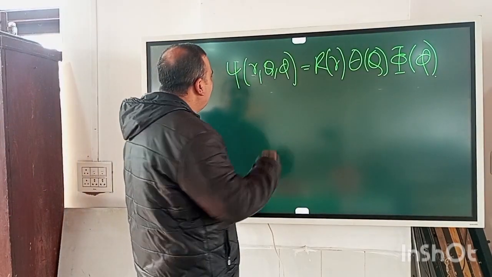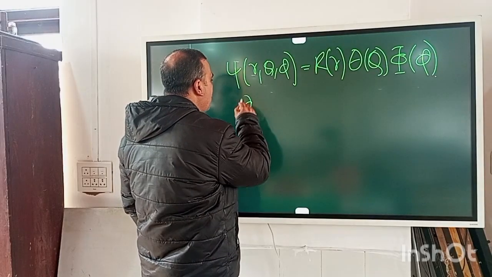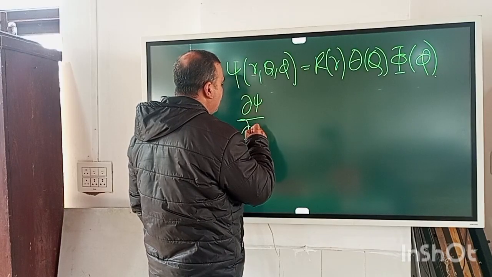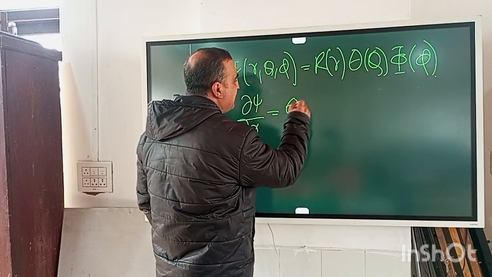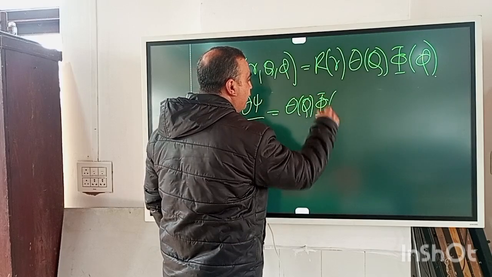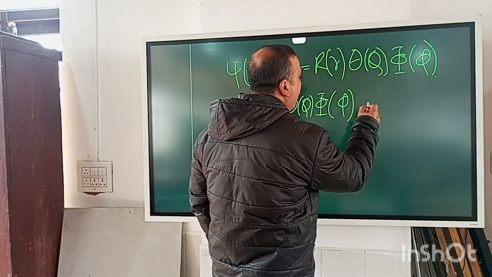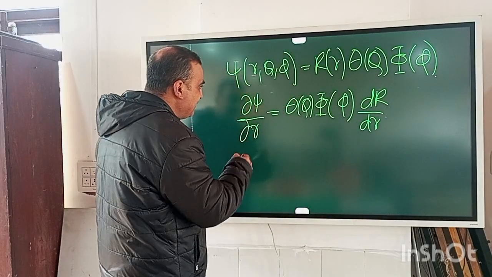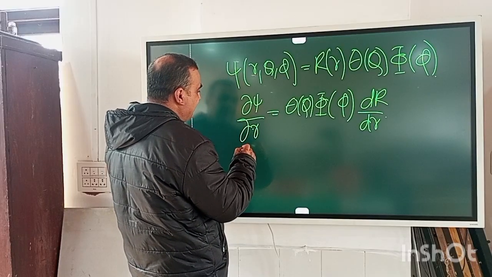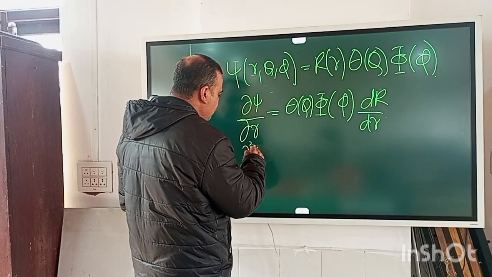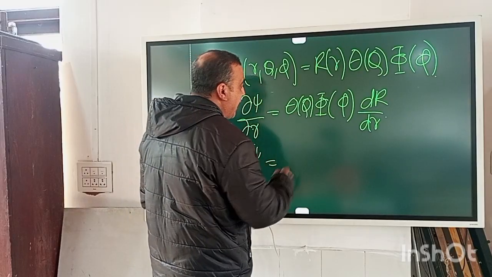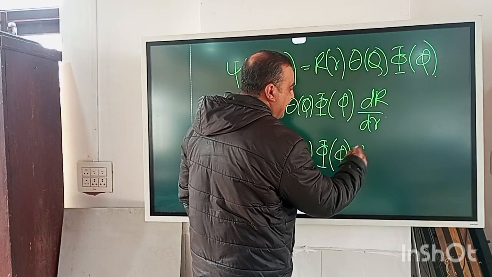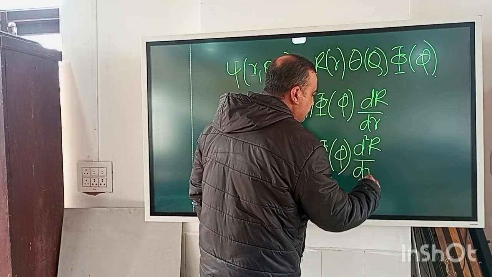So we can have dou psi by dou r, which is Theta of theta, Phi of phi, and dR by dr. I can differentiate it again, and this gives me dou 2 psi by dou r 2, with the same Theta of theta, Phi of phi, and d2R by dr2.